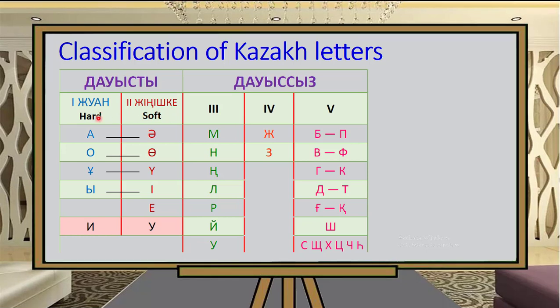Juan means hard, the words which have hard sound. Jenishke means soft. In this group are the words which have soft sound. Dauyssyz or consonant letters are also divided into three parts.